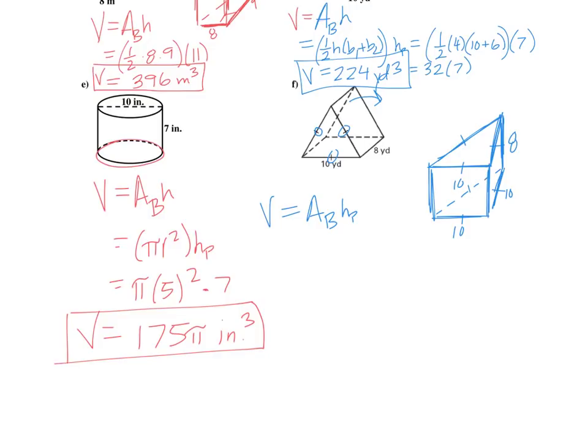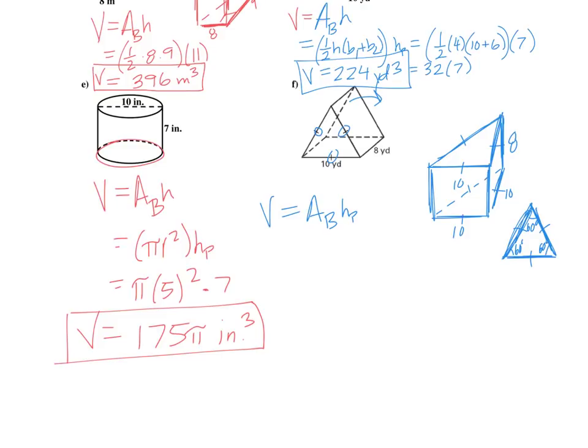Well, I'm going to draw the base on the side here, just so you have an idea of what we need to do. This is an equilateral triangle, which means it's also equiangular. So all these measures are 60 degrees.